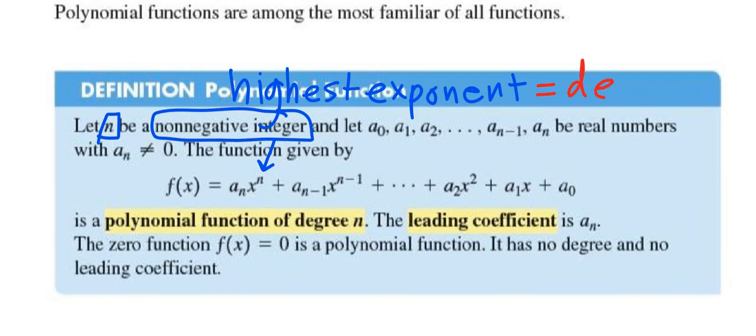We call it the degree of the polynomial. The degree of the polynomial. But it says it's got to be a non-negative integer. What does that mean?